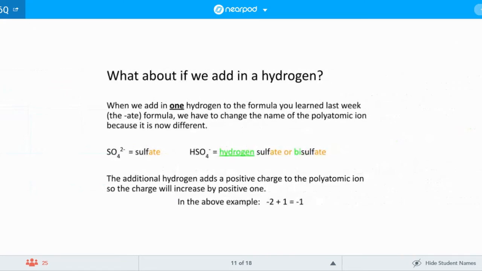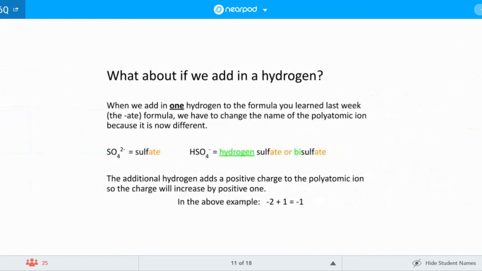sulfate. When we take a look at the charge, we see that the sulfate ion has a charge of -2, but the bisulfate ion has a charge of -1. So adding in that hydrogen actually is the same as adding in a positive charge to the polyatomic ion. So we would do the charge of the poly originally, that -2, which is what we're looking at in the math problem at the bottom.